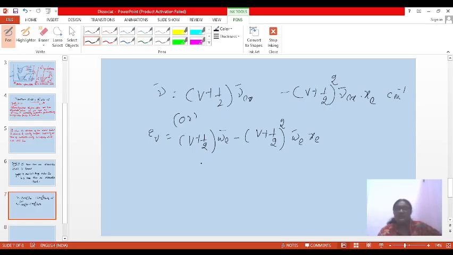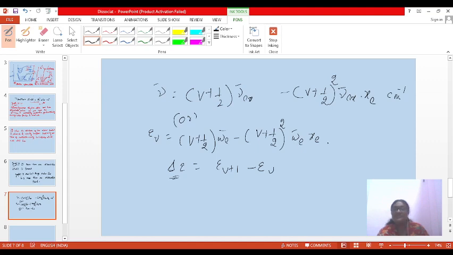Okay, normally delta E means the separation of E V plus 1 minus E V, that is the separation value. We are going to put the equation.